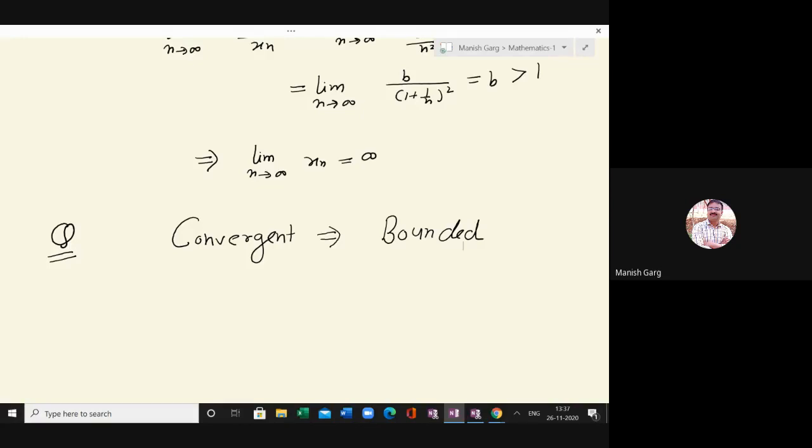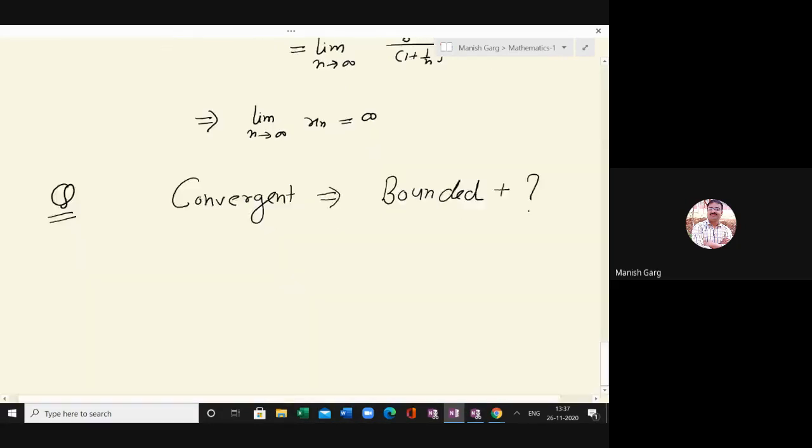So now my main objective is what other conditions should be imposed on a bounded sequence so that it becomes convergent.